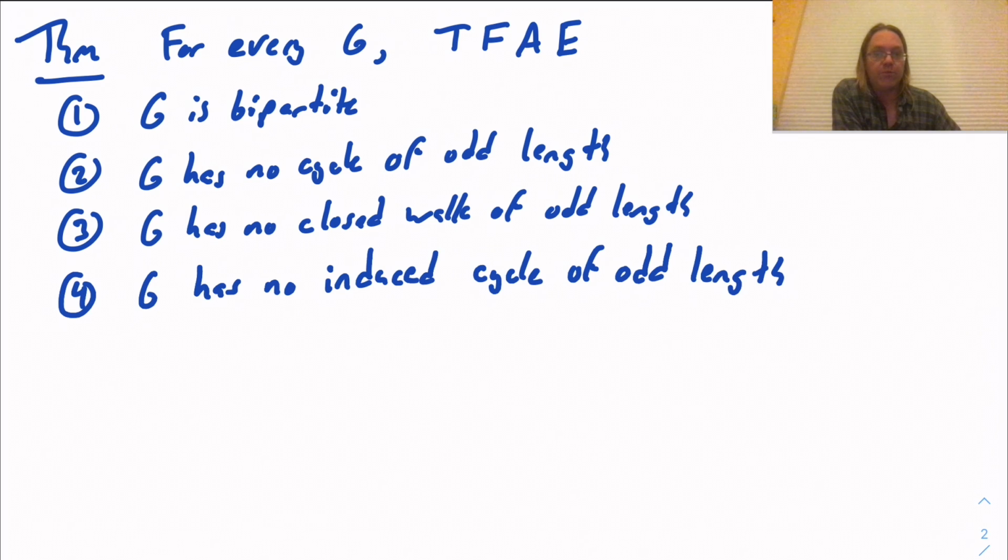If you didn't want just any cycle of odd length, we can be a little more specific. We can prove that you're bipartite if and only if you have no induced cycle of odd length. So I'm tacking on this additional condition. We've already proved that conditions 1 through 3 are equivalent, so now I'm just tacking on one more.